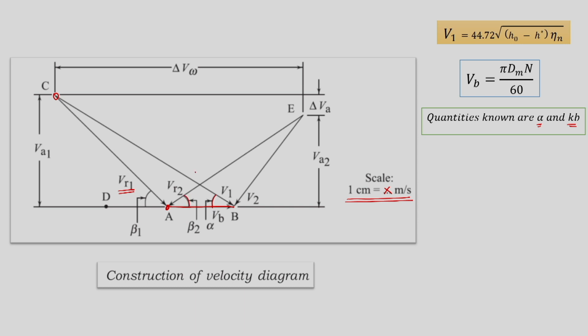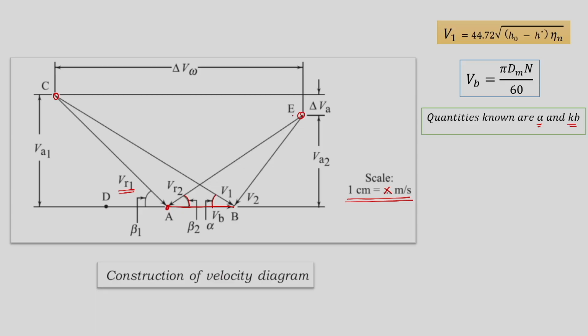Once we know beta 2, we will draw the second line and reduce VR2 by a magnitude factored by Kb. So, we would find point E. Then we can connect point E with point B and find V2, and thus we would have completed our velocity triangles.